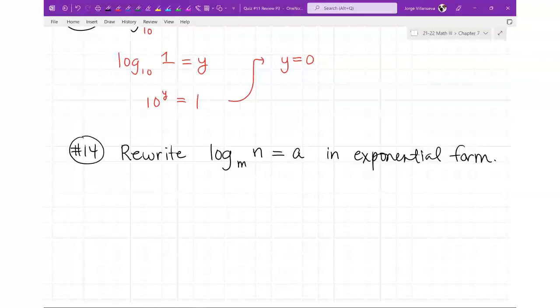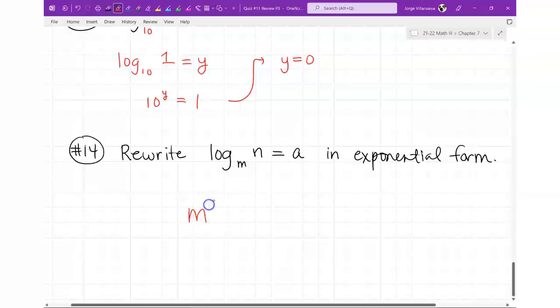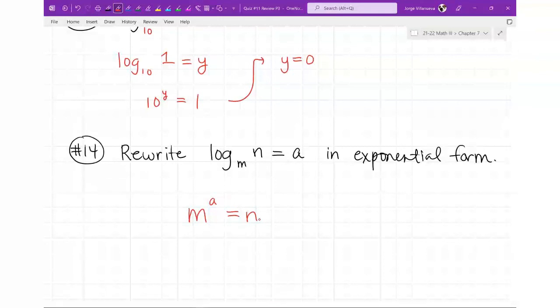I'll give you another 5 seconds. You're just rewriting it in exponential form, and that's it. Anybody want to tell me what I'm supposed to write here? M to the power of a equals n. All right, so there you go. So this is what your quiz is going to be on tomorrow.